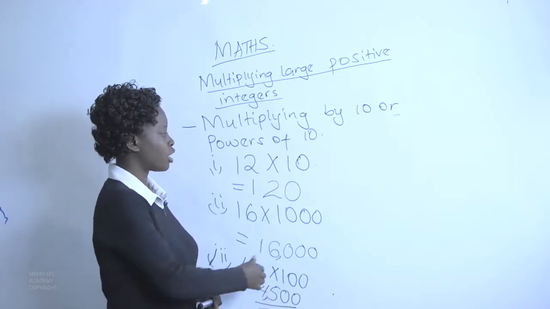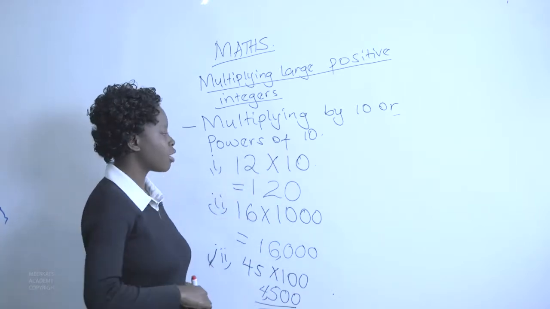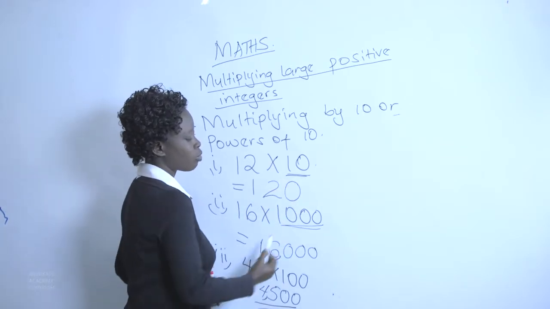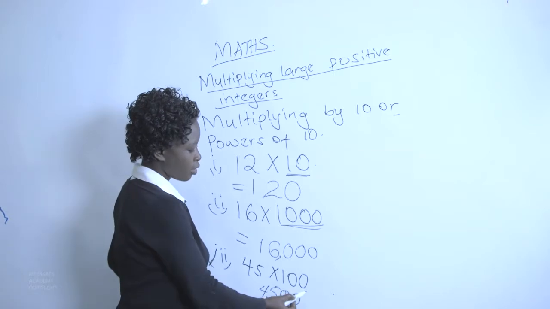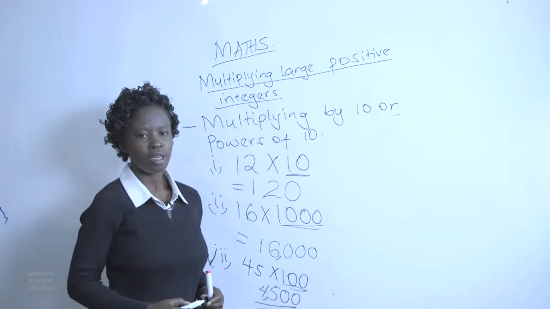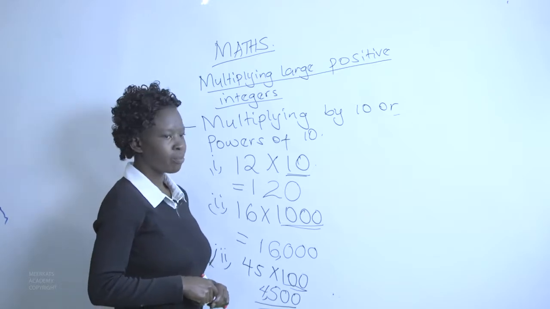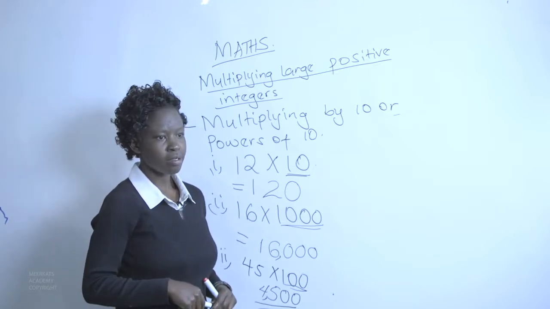So that is multiplication by 10 or the powers of 10. The powers of 10 in these examples are 10 itself, then 1,000, which is 10 to the power 3, and 100, which is 10 to the power 2. So we've multiplied our numbers by 10 or the powers of 10.